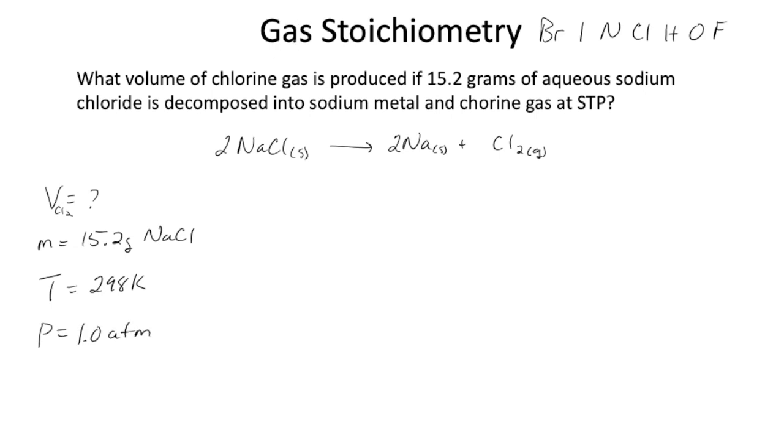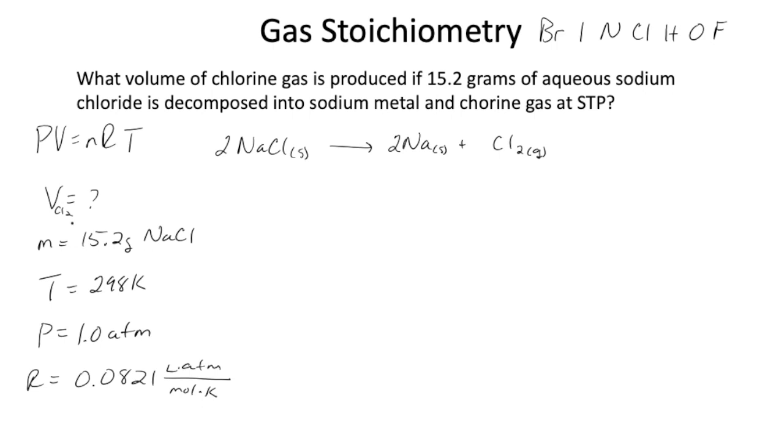Now, since this is a gas stoichiometry problem, I know that I may need PV, and in this case, I will. So I'm going to go ahead and write R, my gas constant, as part of the information, and that is 0.0821 liters atmosphere per mole Kelvin.